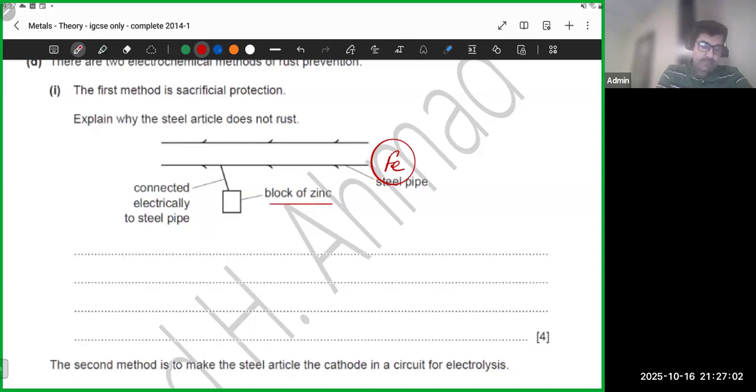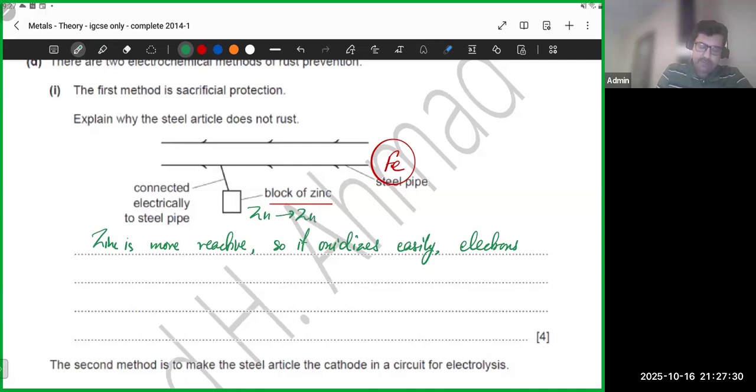Zinc is more reactive than iron, so it loses electrons easily, or it oxidizes easily. Zinc is the one that really likes to lose electrons because it's more reactive, and those electrons will travel towards the iron.